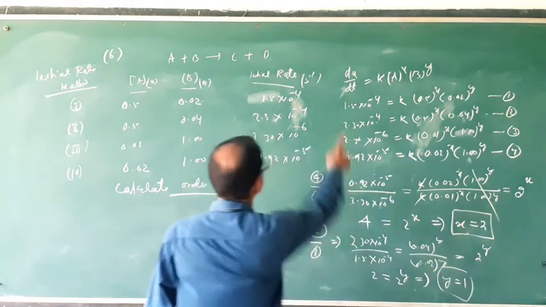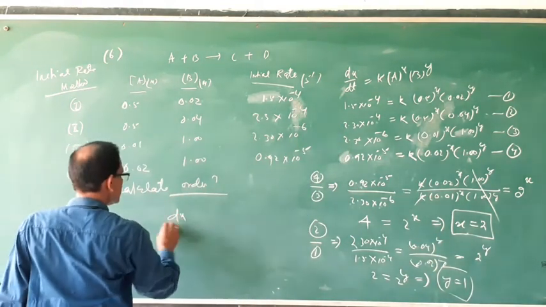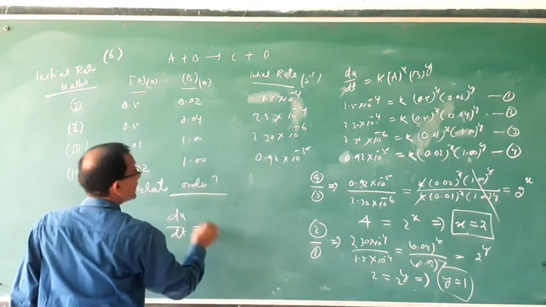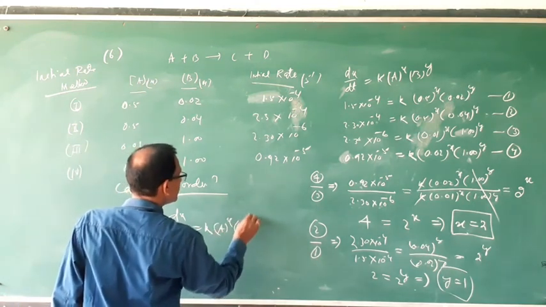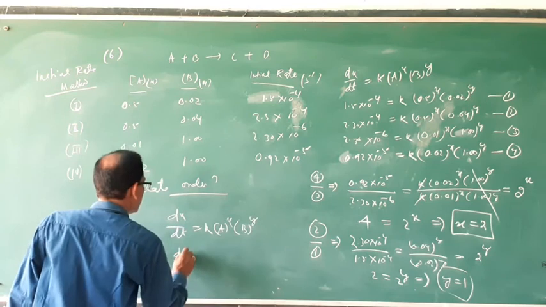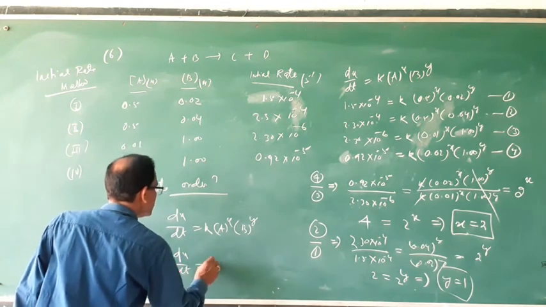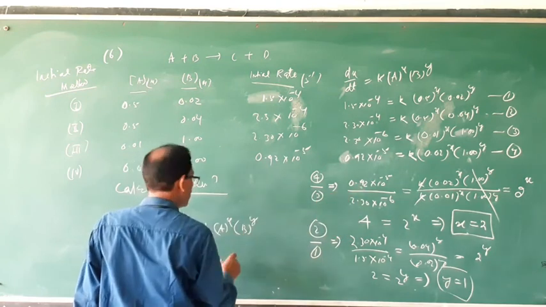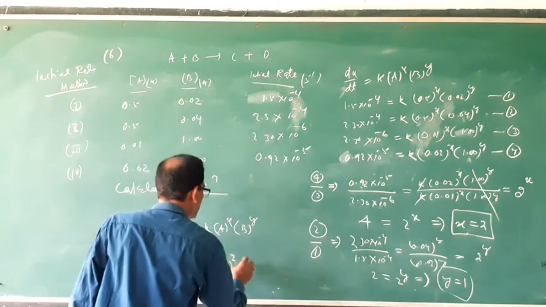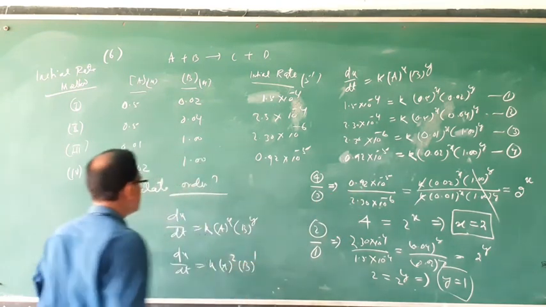So what is the order? Now the equation is dx by dt is equal to k a to the power x and b to the power y. What is the expression now? dx by dt is equal to k, a to the power 2 and b to the power 1. This is the order.